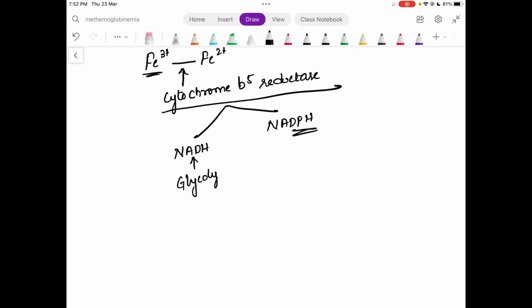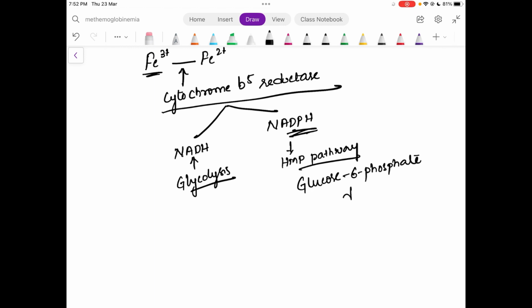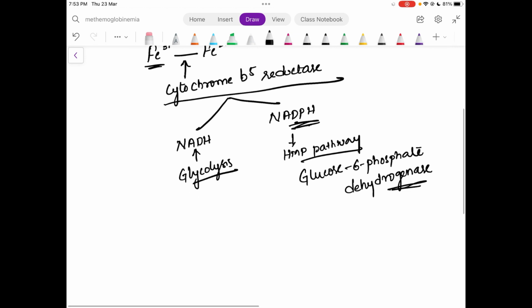This NADH will come from glycolysis and this NADPH comes from the HMP pathway, with the help of the enzyme glucose 6 phosphate dehydrogenase, which is a major enzyme in the HMP pathway which causes synthesis of NADPH.